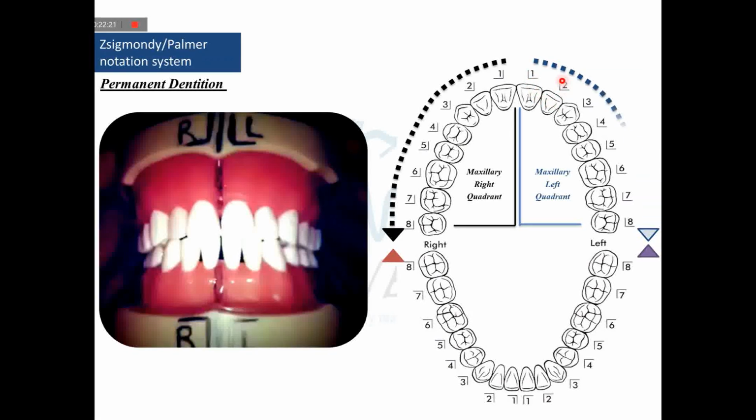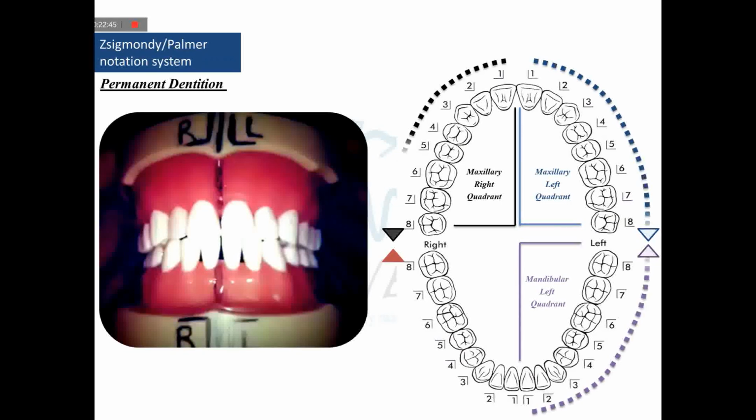So the first tooth in the midline is the maxillary central incisor, which is numbered as 1 in that respective quadrant shape, the lateral as 2, 3 for the canine, 4 for the first premolar, 5 for the second premolar, 6 for the first molar, 7 for the second molar, and lastly 8 for the third molar. Now it happens the same way for the mandibular arch as well.